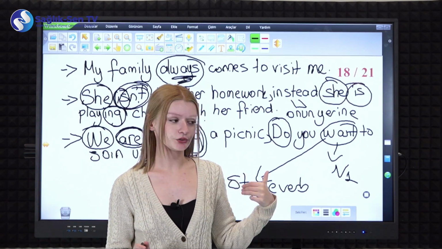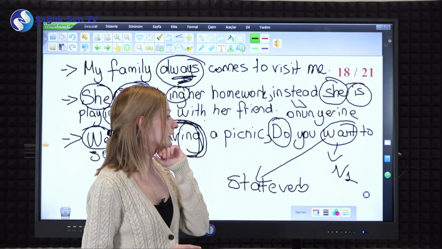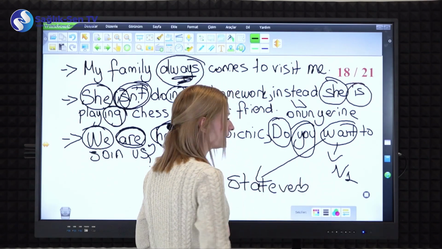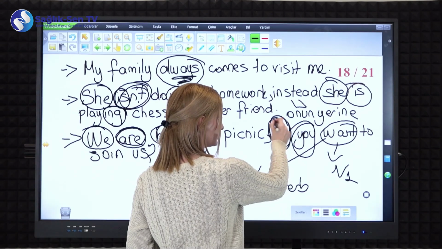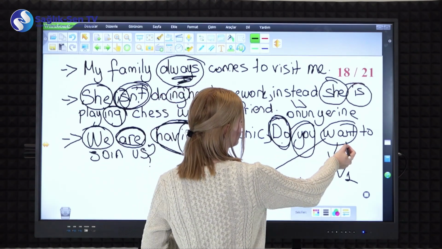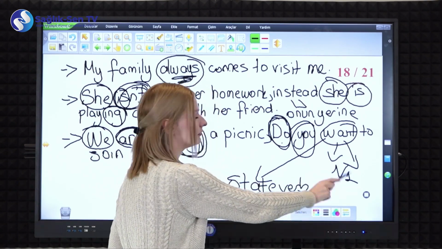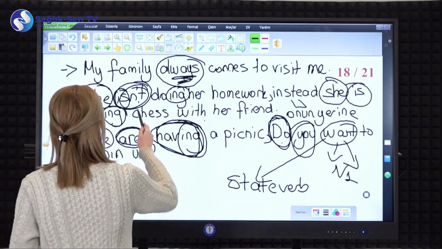That's why I write this sentence in the present simple. I look at my subject, you. This is a question. Do you? And my verb, since it's present simple, verb 1, also is a state verb, to join us.